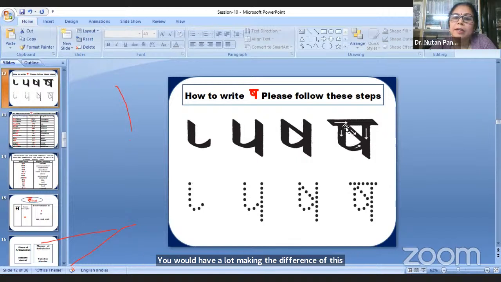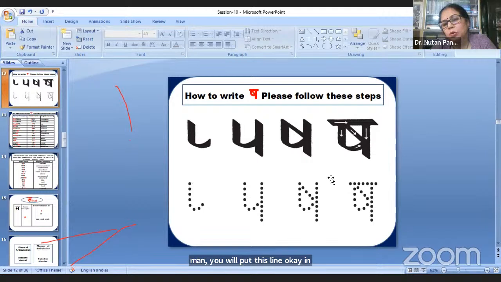You put this line after making pa, and then make the shirorekha, which is called the headline, and it is very compulsory in Hindi. It is very easy because you already know how to make pa. Till the second step it is pa, and after that it takes the form of sha when you put this line. Okay?